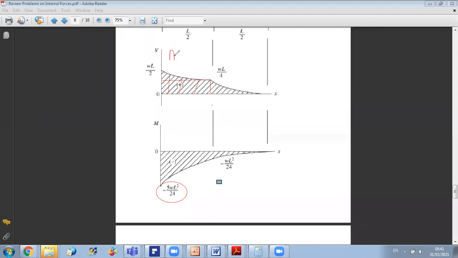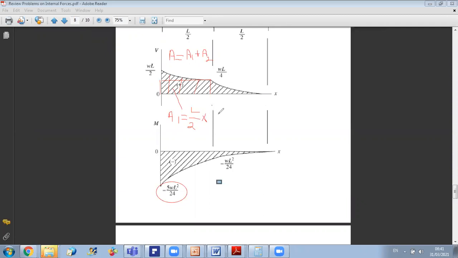So total area here is A1 plus A2. A1 is the area of the rectangle. Okay. So here this is A1 for the rectangle. A1 is equal to, we know that the length here is L over 2, so it's L over 2 times the height, which is omega L over 4.